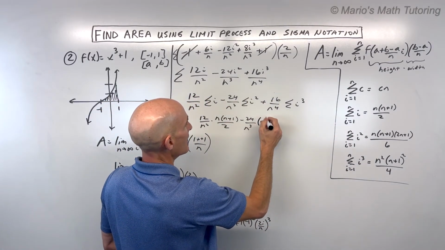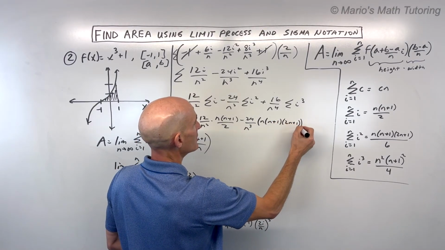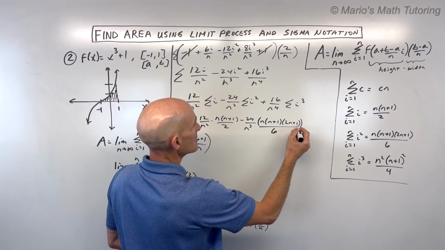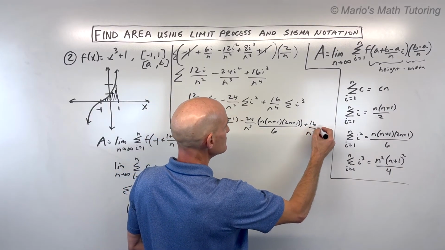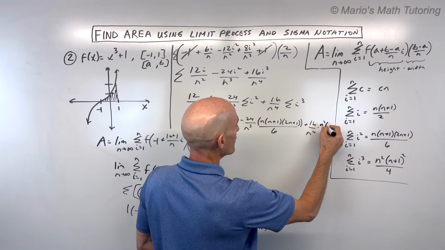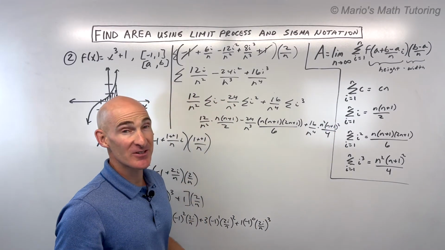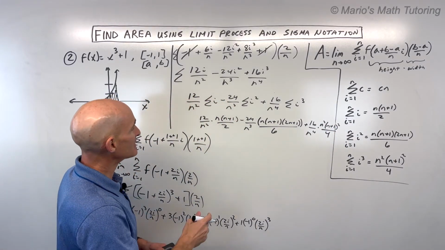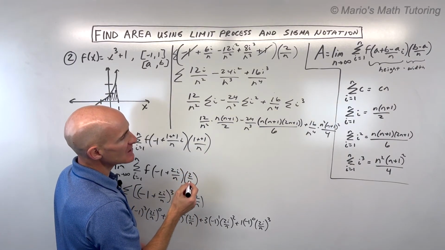That's n times n plus 1 times 2n plus 1 over 6 plus 16 over n to the fourth. And then the sum of consecutive cubes, that's this formula, n squared, n plus 1 squared over 4. You can see there's a lot of arithmetic, right? When you get to calculus, there's shortcuts for all of these formulas, but let's see what we've got here.